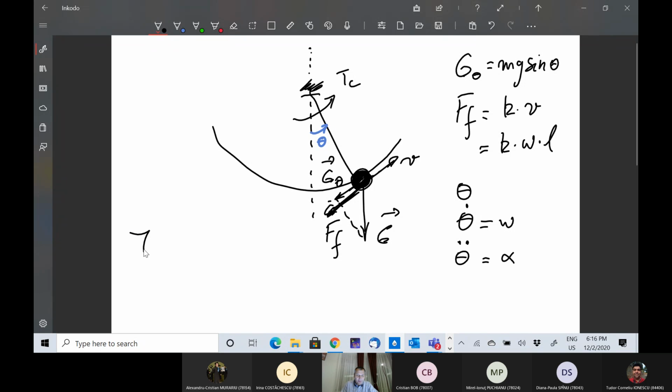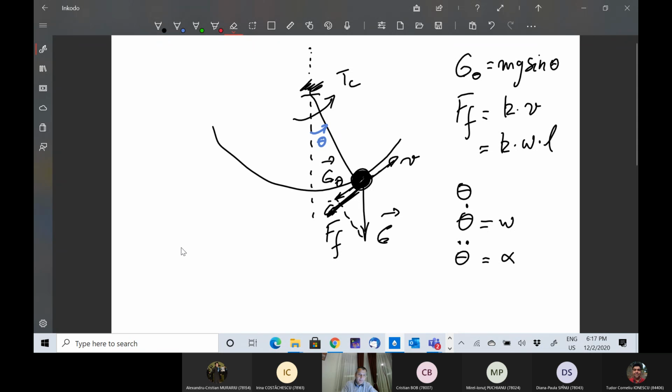So we have J multiplied by alpha equals the moments. The movement is given by the torque, and these two are opposing the movement. That's not right.